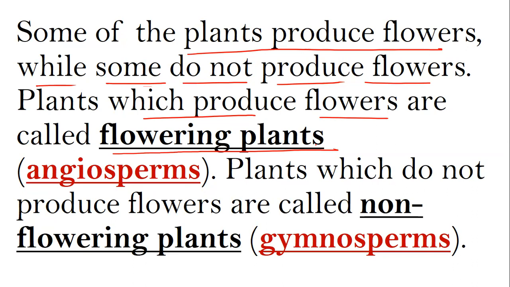Later I will give you the vocabulary on Monday. Again, flowering plants are angiosperms. Plants which do not produce flowers are called non-flowering plants or gymnosperms. So that is the classification of plants.